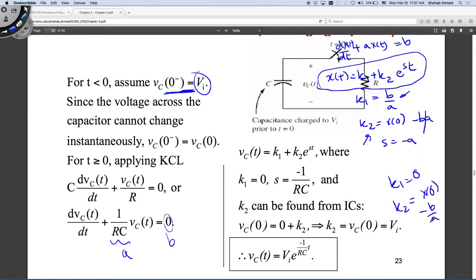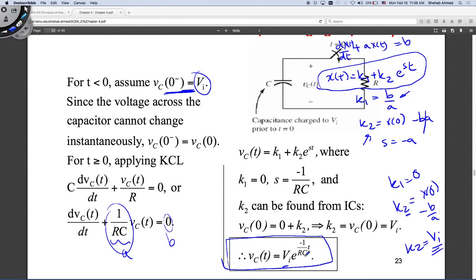B over A is equal to what? B is equal to 0, so B over A is equal to 0 as well. So what is K2 equal to? K2 is equal to VI. So the solution now is x of t, where K1 is 0 and K2 is VI, times e to the st. S is equal to minus 1 over RC, so S is equal to minus A. This is my final solution: Vc of t is equal to Vi e to the minus 1 over RC times t.